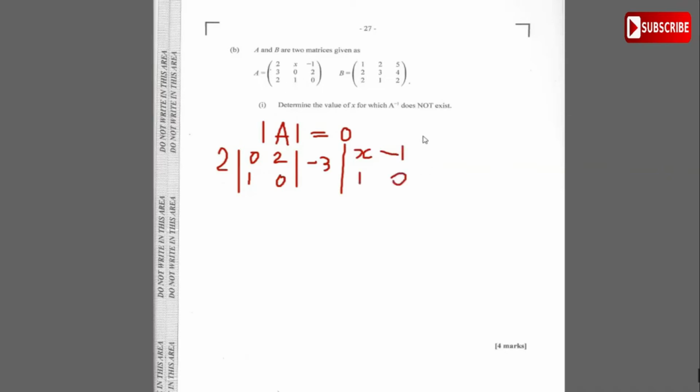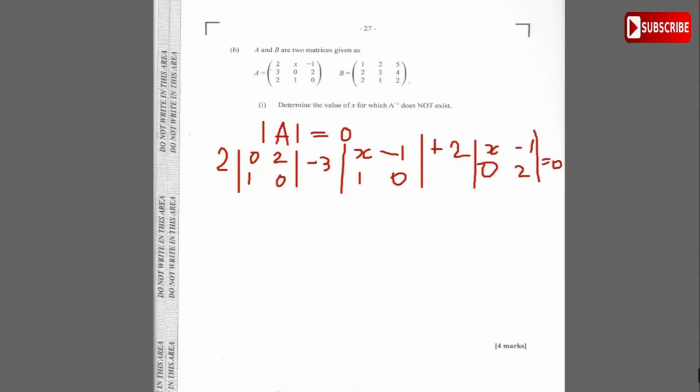Then we have plus 2 times, and we cross across, we have x minus 1, 0, 2, and we'll set this equal to 0. So we go ahead and work this out now.